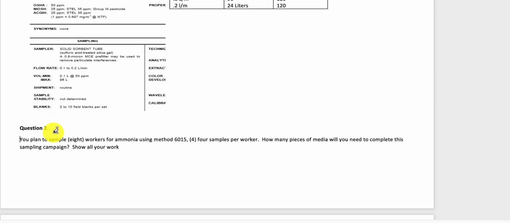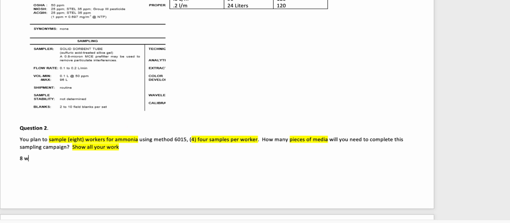Okay, so question 2. You plan to sample 8 workers for ammonia using the method above, 4 samples per worker. How many pieces of media do you need? Of course, we need to show our work.